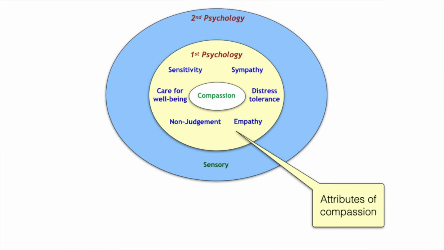Now from here, we move on to the second psychology, compassionate action. These are the skills that we develop throughout the course of CFT, especially as part of what's called compassionate mind training. We use sensory focusing exercises to slow and calm the mind and body. We cultivate compassionate feelings of warmth, kindness, courage, affiliation, and safeness.